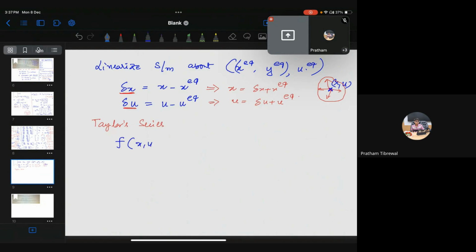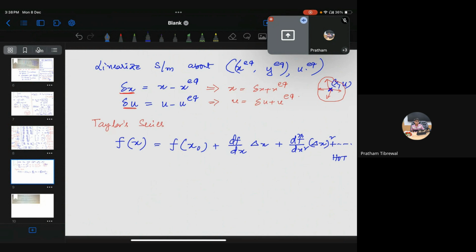In general, we write f of x as f of x naught plus df by dx times delta x, plus the next term, d square f by dx square times delta x whole square, and all higher order terms. Is this clear?